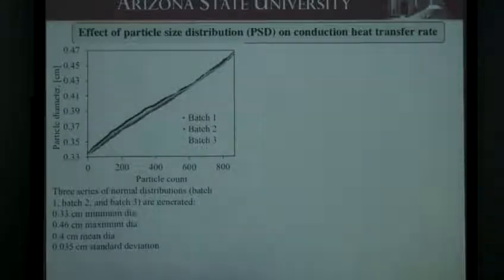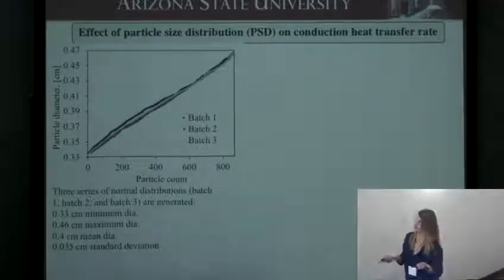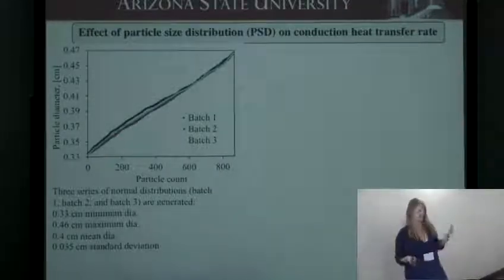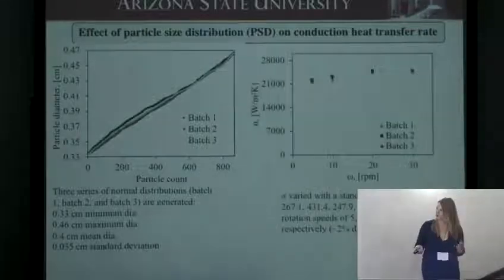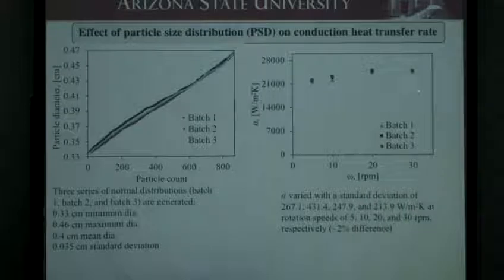We ran 3 different simulations putting in the same particle size distribution information, the same minimum, maximum, mean, and standard deviation, and we got 3 slightly different distributions. We wanted to see the effects on the overall heat transfer coefficient. So these are the results. They look pretty close, but there still is some difference.